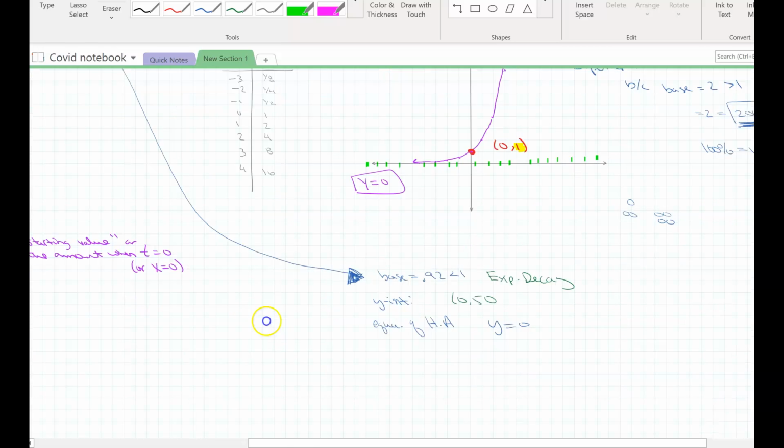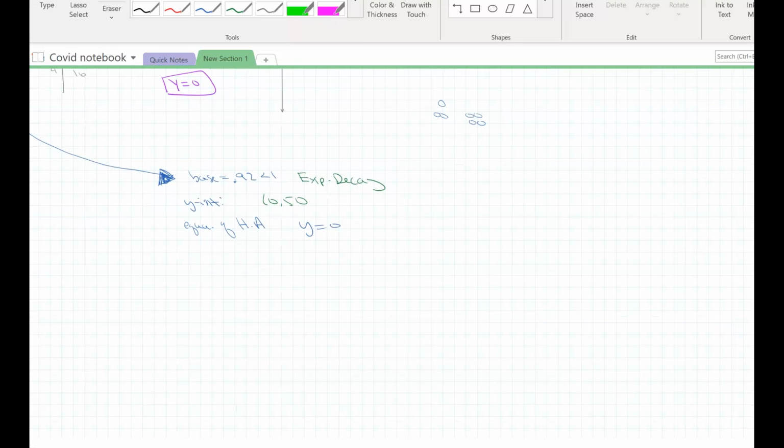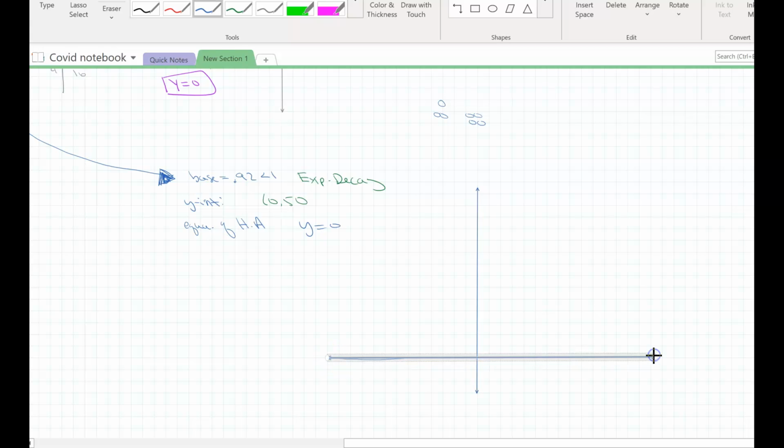So right away, that allows me to go down here and put some things in place. I may not be able to make it perfect, and I won't have all the details yet, but I can mark 10, 20, 30, 40, 50 on the y-axis. I'm going to call this my point (0, 50). So my scale is 10.